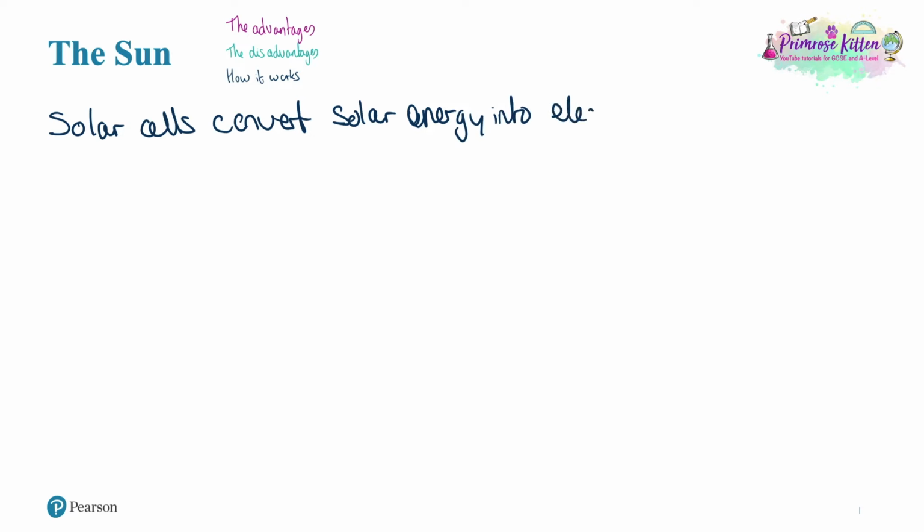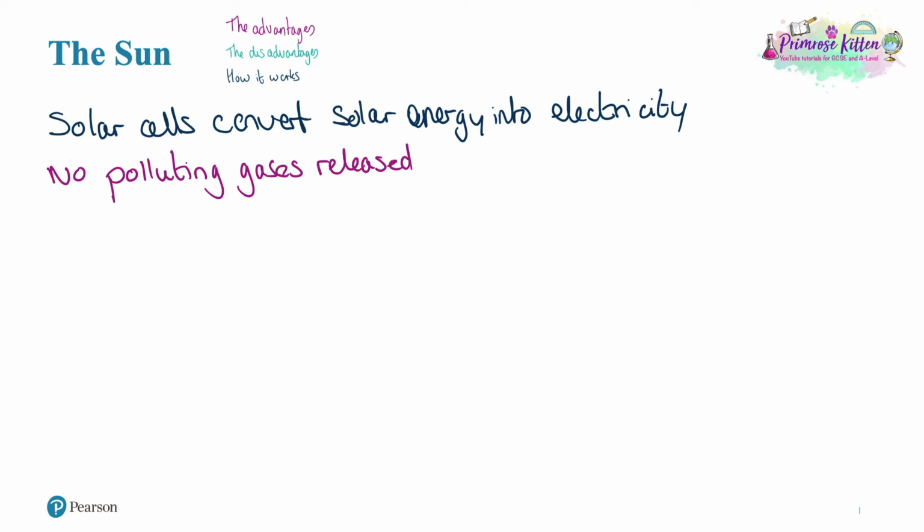The sun or solar power can also be used. Solar cells can convert solar energy from the sun into electricity. With this, there are no polluting gases released and it is renewable.